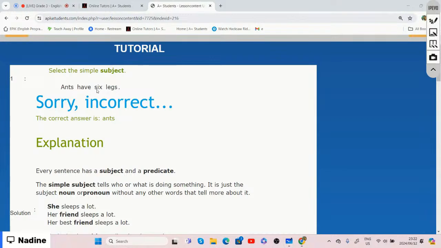What do you think might be the subject within the sentence that tells us either who or what is doing something? It says ants have 6 legs.